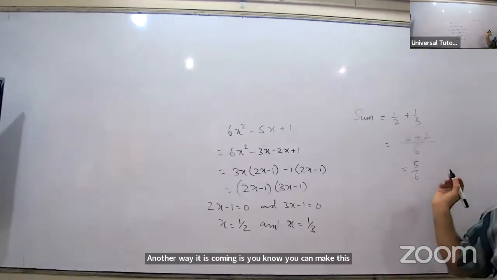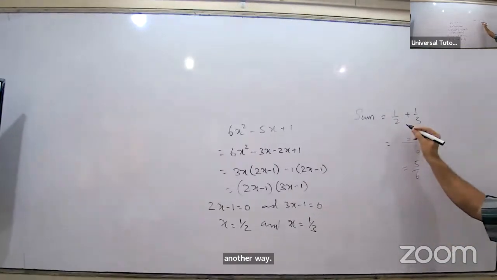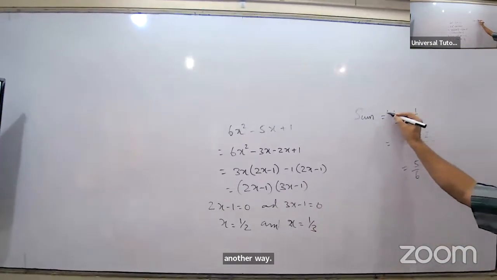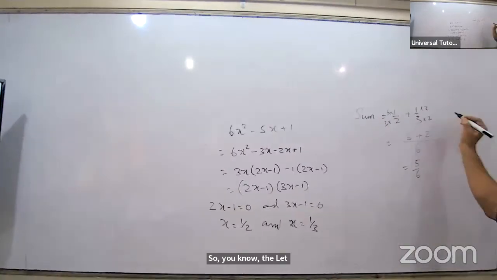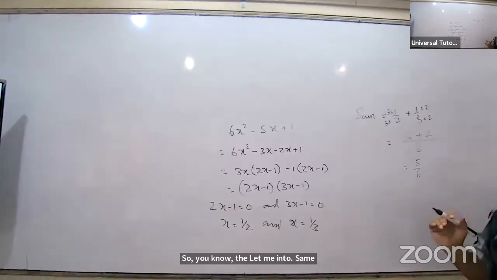Whichever is convenient, you do it. Into 3, into 2, into 2. It is the same thing, only the process is the same, whichever is convenient.